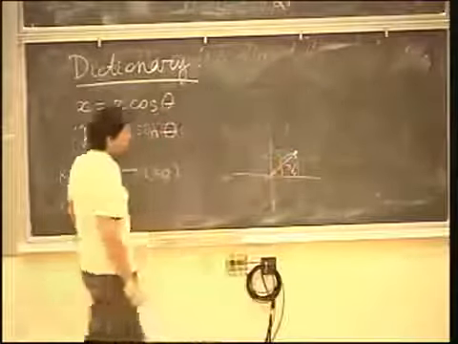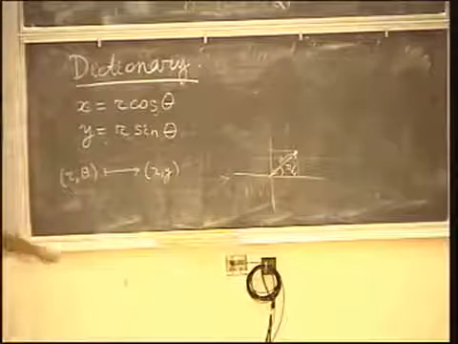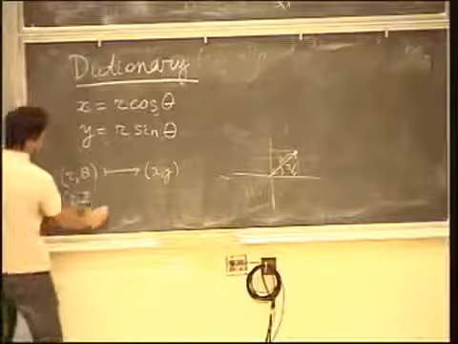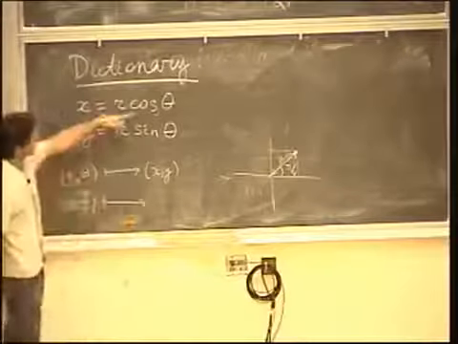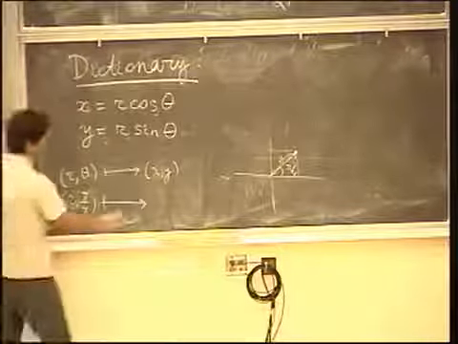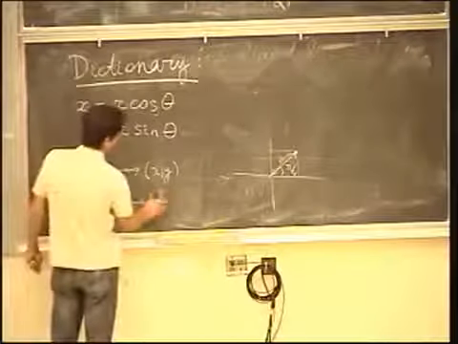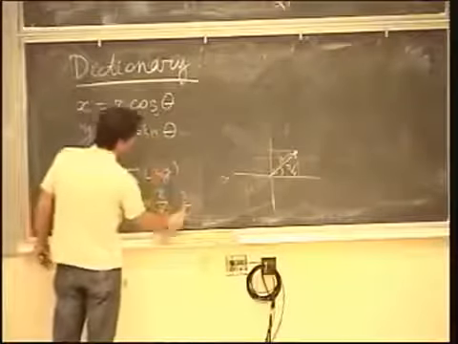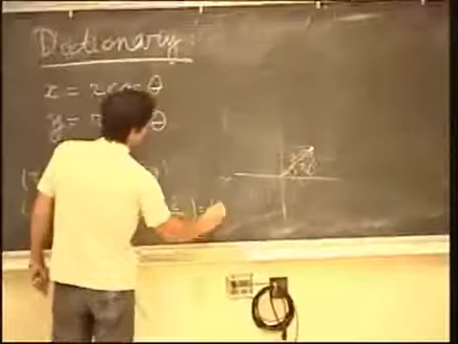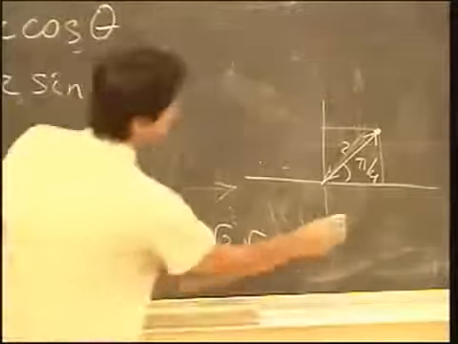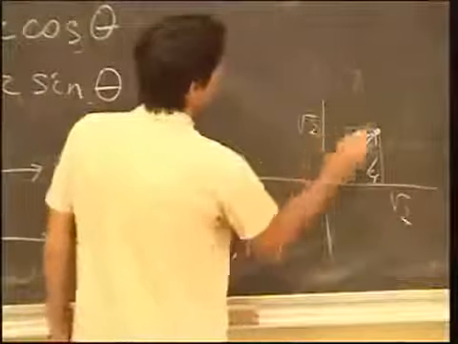Then you can ask, what is x and y? You have to take 2 times cosine theta, and cosine theta is 1 over square root of 2. So it's going to be 2 over square root of 2. And likewise, in this case, sine and cosine are the same. So you end up with square root of 2, square root of 2. A very simple rule.